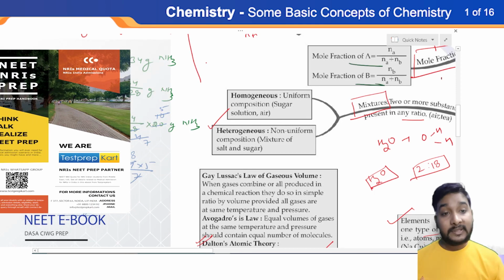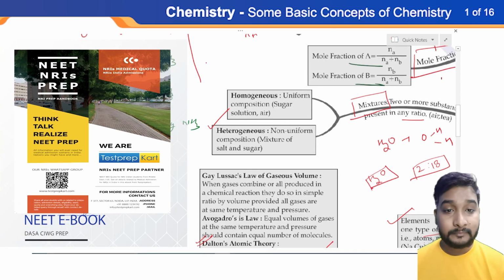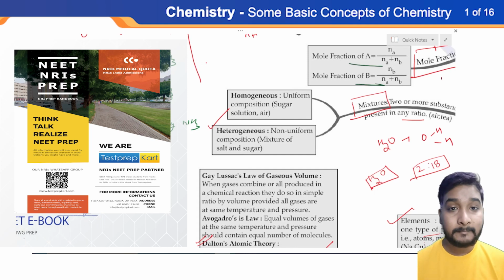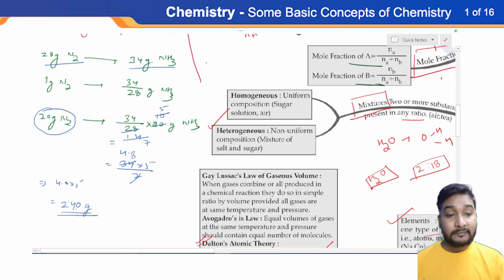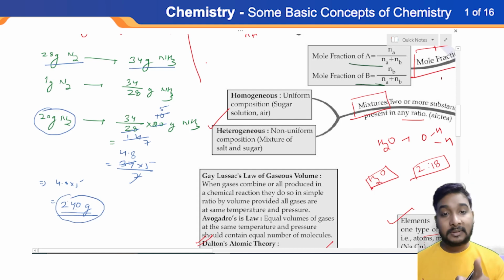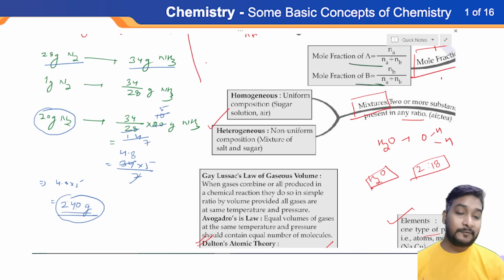Remember that if we are using 28 gram of nitrogen, we can obtain 34 gram of ammonia. But if we are using 20 gram of nitrogen, we will obtain 24 gram of ammonia. So according to the question, 20 gram nitrogen will produce how much ammonia? The answer should be 24 gram.